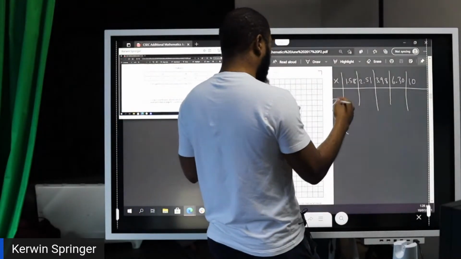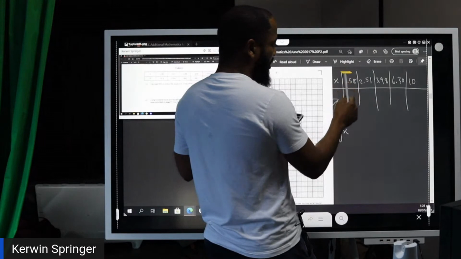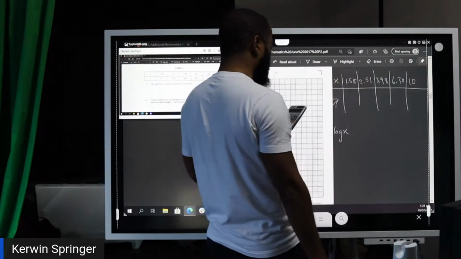Now I would use values. See how they give you 3 significant figures here, so you should at least use 3 significant figures.